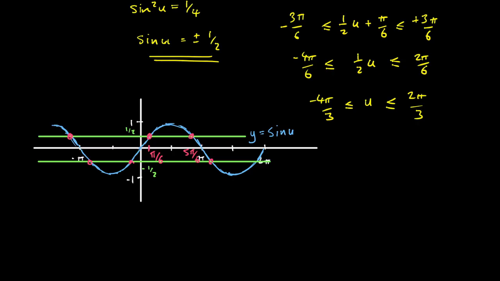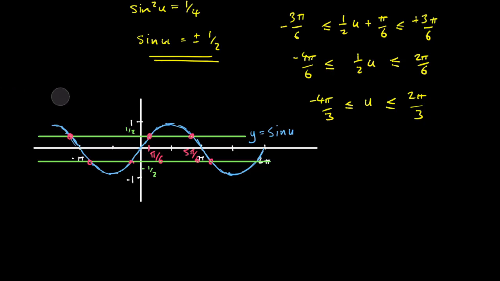And if that's the case, then that distance, pi by 6, must be the same as that distance, pi by 6 there. So if I want to find the second solution, I do pi, and then I subtract pi by 6. So that gives me 5 pi by 6. Now the thing is, 5 pi by 6 is already too big. It's bigger than this guy, because 2 pi by 3 is 4 pi by 6. So 5 pi by 6 is too big, so we're not interested in that solution.